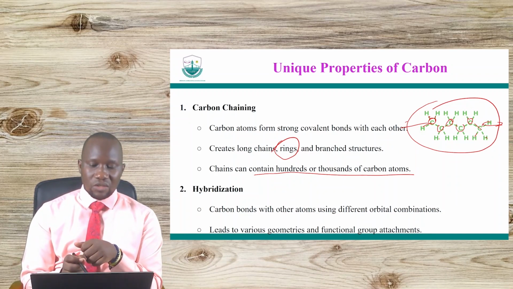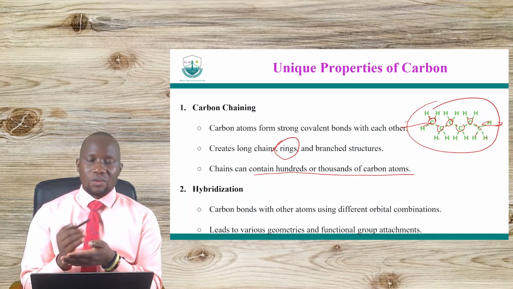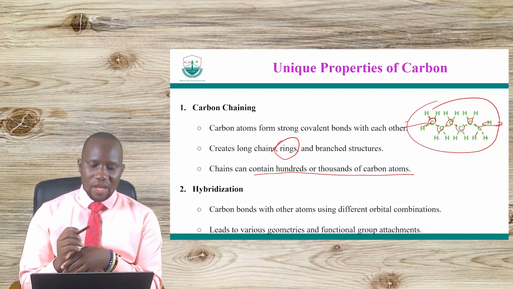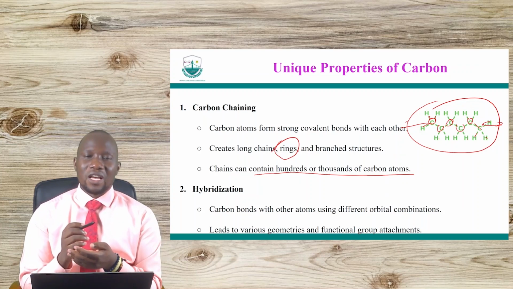So this is basically to say that carbon forms bonds with different atoms, but the way in which these atoms can be arranged in a compound can be different.